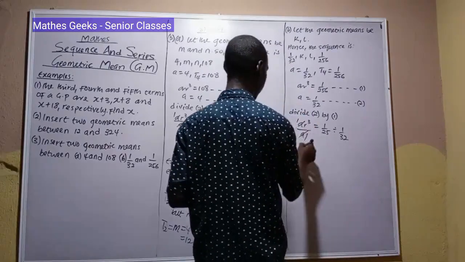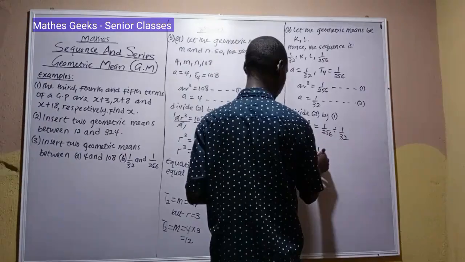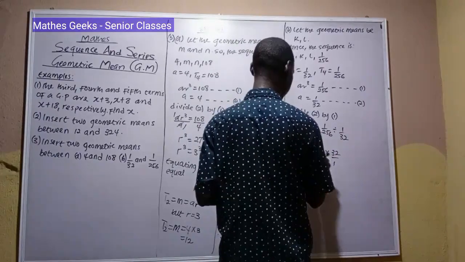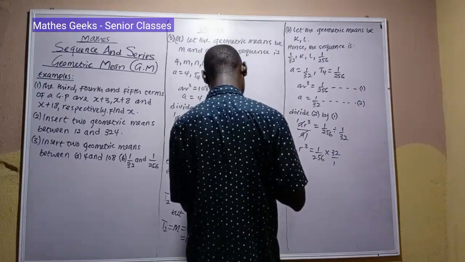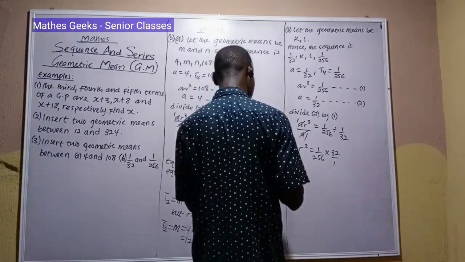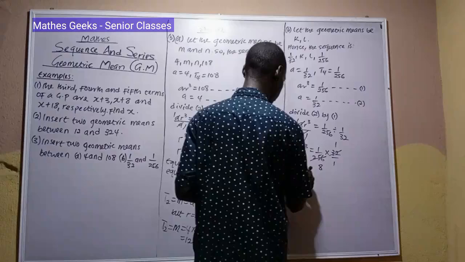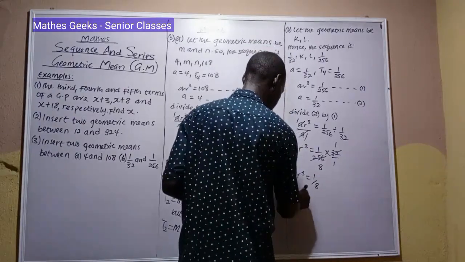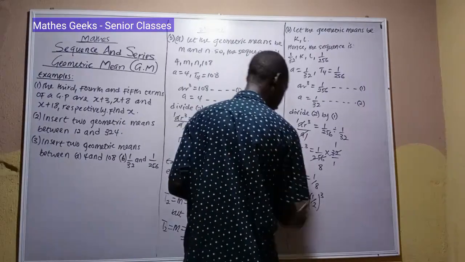So r raised to power 3 is equal to 1 over 256 times 32 over 1. So 32 goes into 256 eight times. So r raised to power 3 is equal to 1 over 8. r raised to power 3 is equal to 1 over 2 raised to power 3.